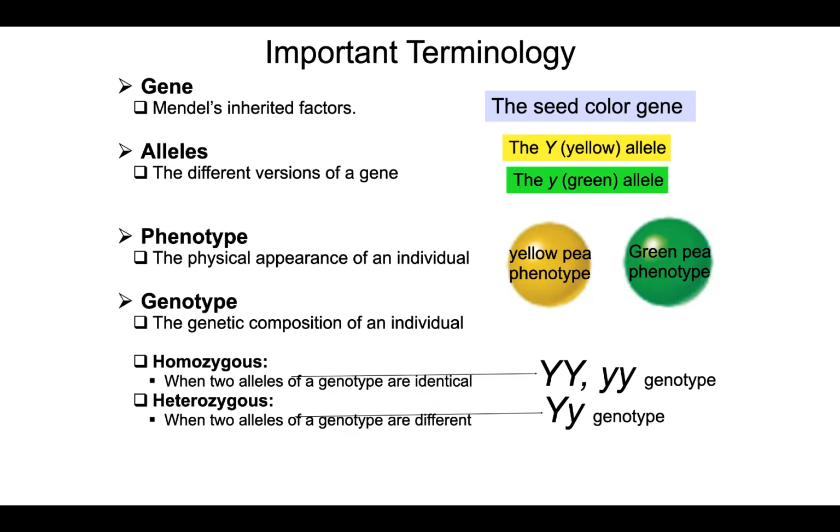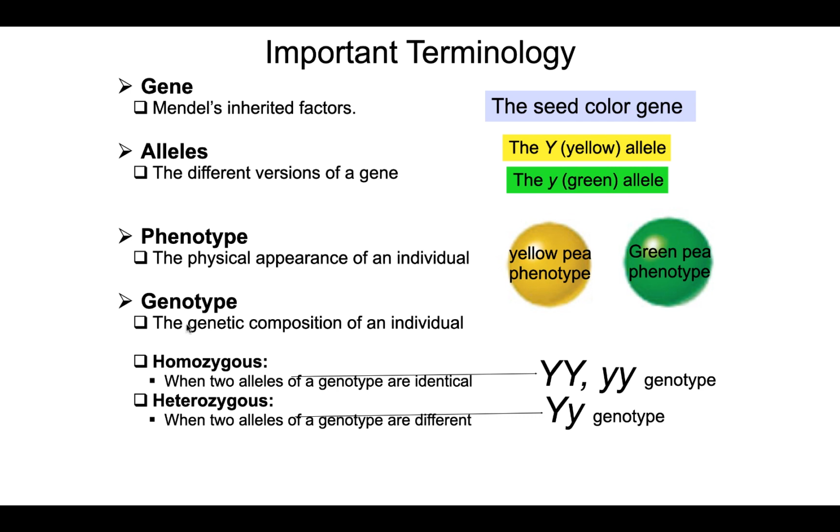So here is a list of the important terminology. You're going to have a gene, and the gene gives rise to a particular character, like seed color. Then of that gene, you're going to have lots of different versions, lots of different alleles. They are going to give rise to the various traits of that character. So within the seed color character, we have yellow seeds, we have green seeds.